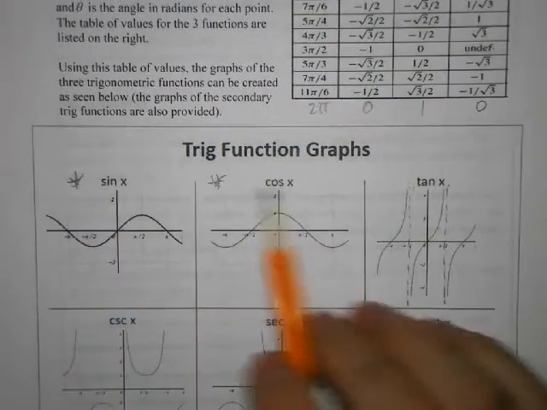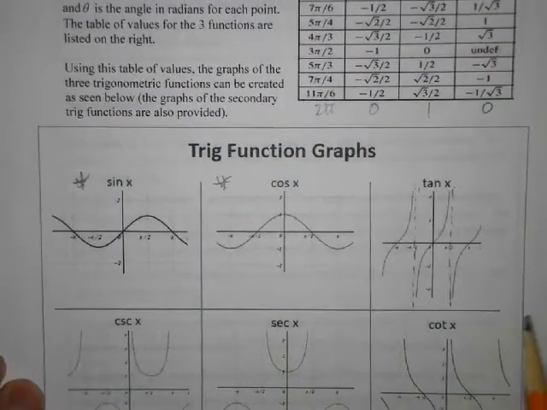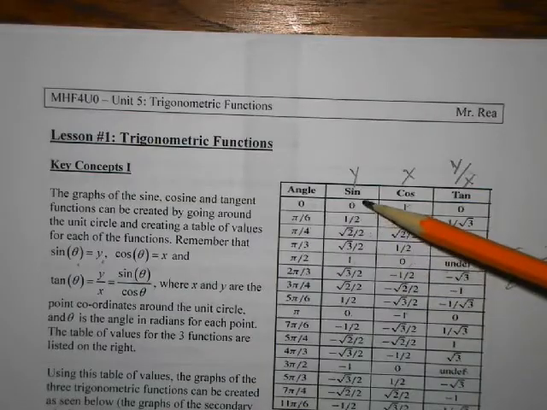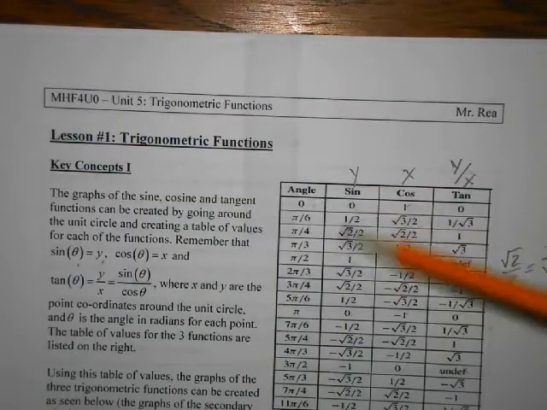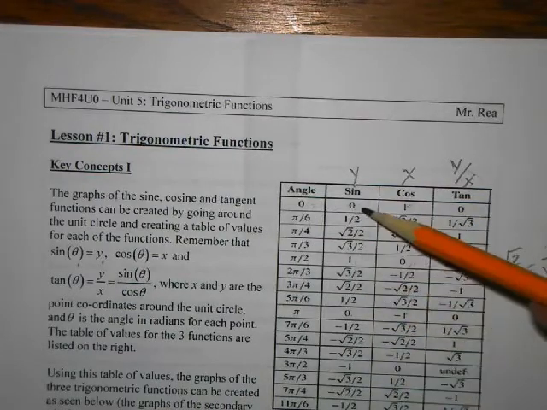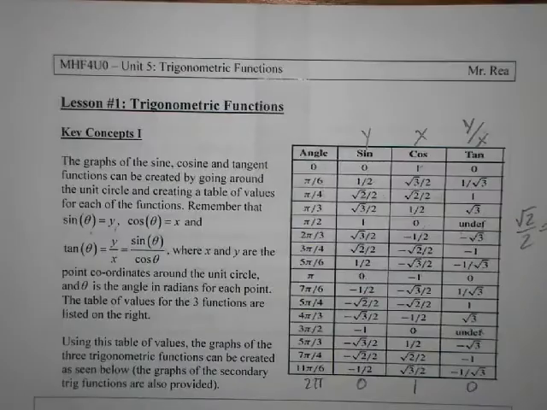These are the key ones, and this is just so you know. You know that cosecant is 1 over sine, so basically how would we create this? We just take the values for sine and take the reciprocal of them and then graph them. If I take the reciprocal of these values, there's going to be asymptotes as well wherever sine is 0. So we've got asymptotes all over the place.